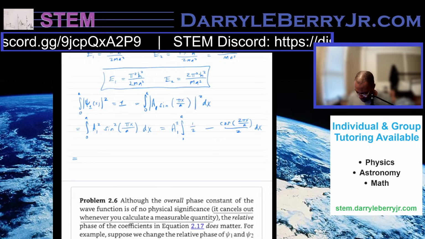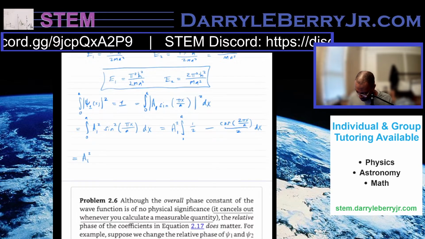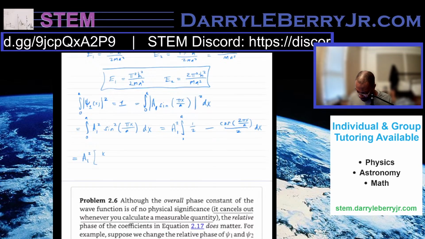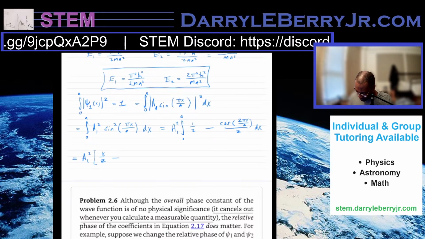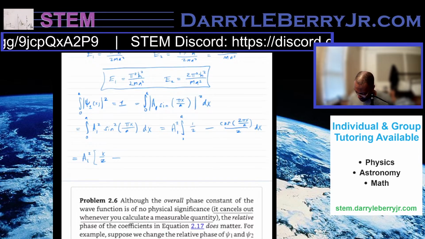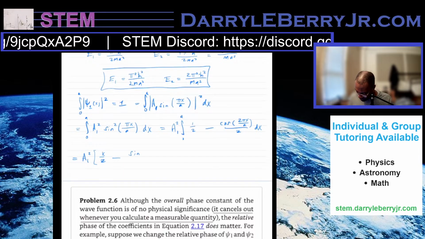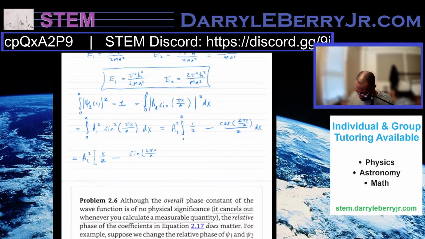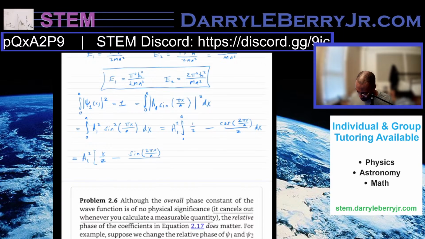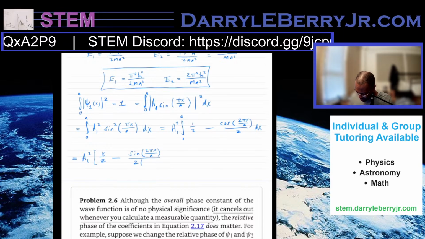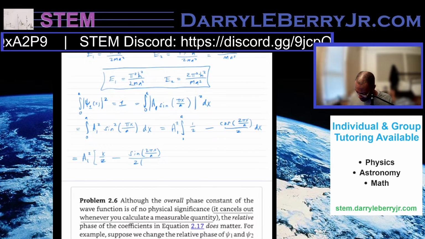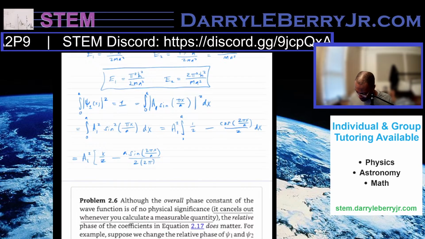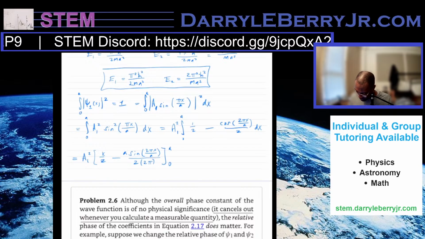So this will be A1 squared times x over 2 minus sine of 2 pi x over a, divided by 2 times 2 pi over a, from 0 to a.